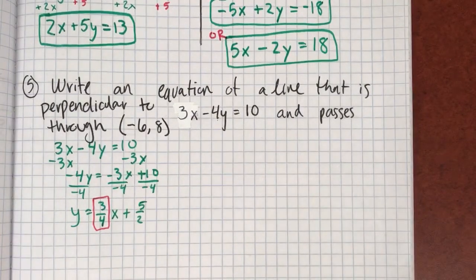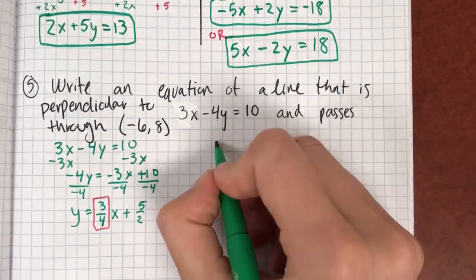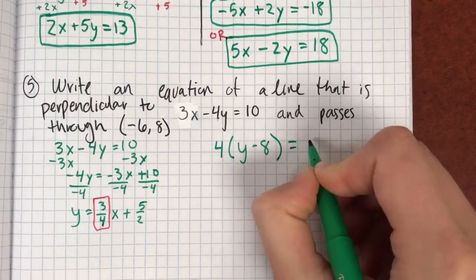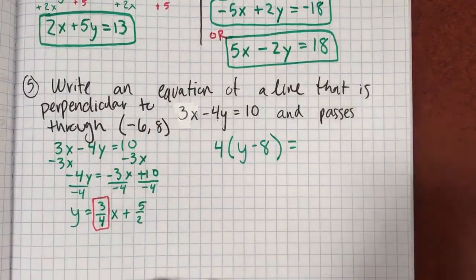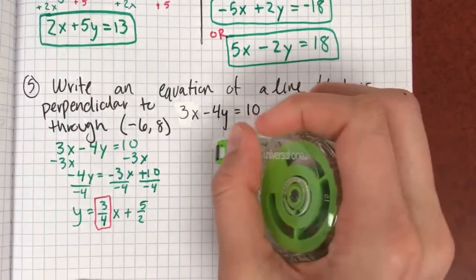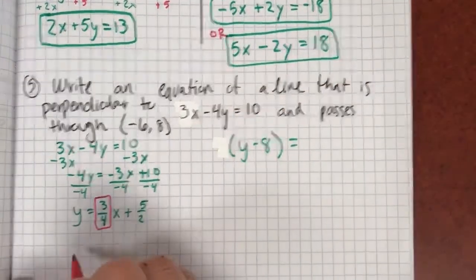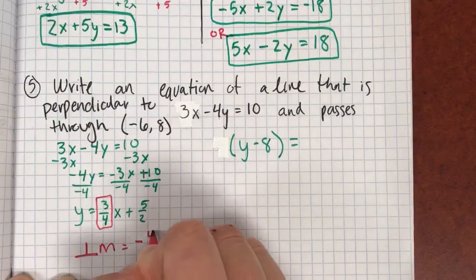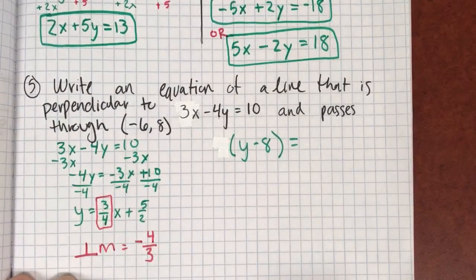So now we just have to find the equation of our line. So 4y minus 8 equals, oh, and we want perpendicular slope. So we've got to flip our fraction. So our perpendicular slope is going to be negative 4/3.